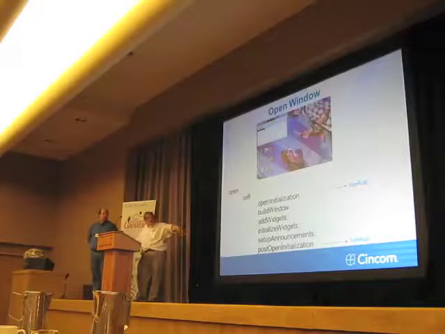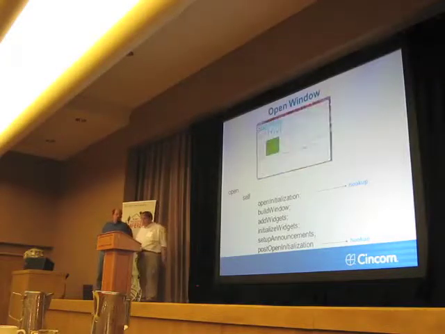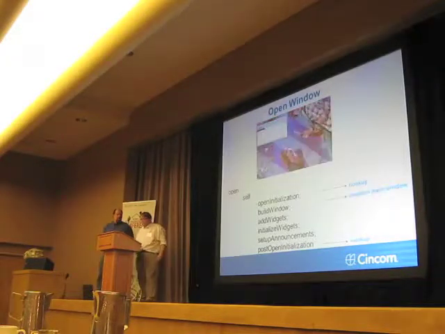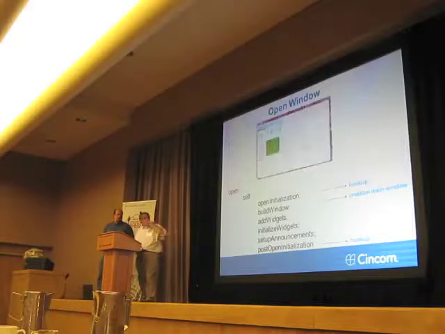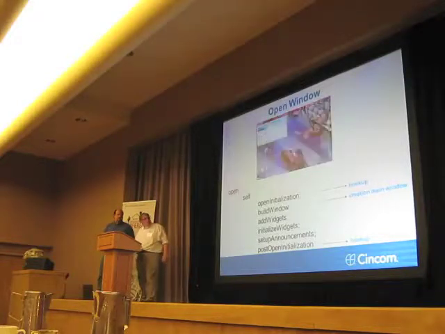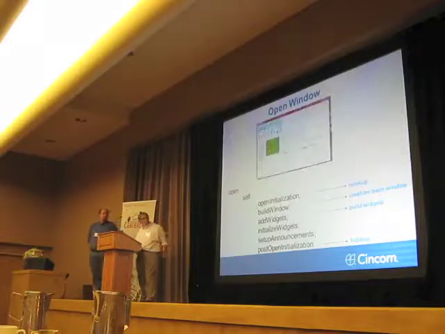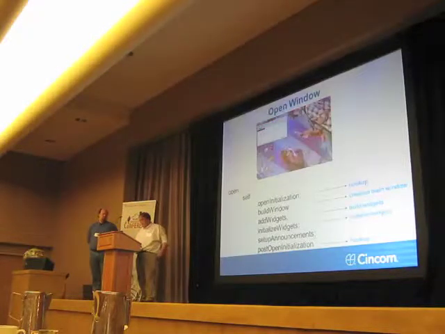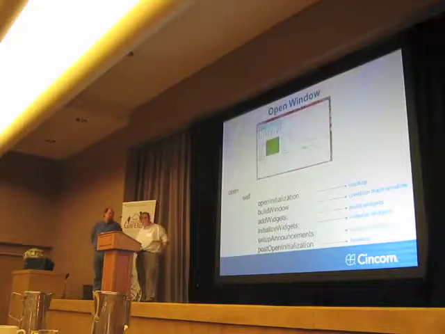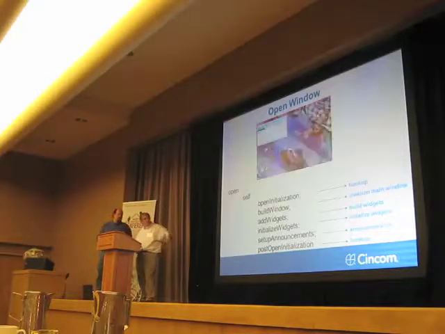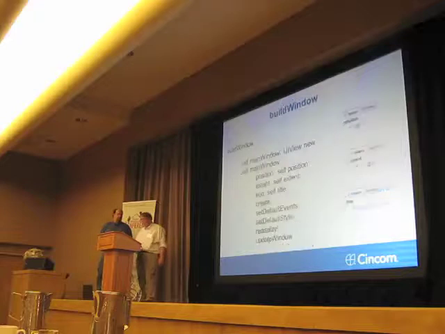Post open initialization is if you want to do something afterwards. The build widget window creates the main window. With add widgets, we build the widgets on top of the main window. We can initialize the widgets and then we set up announcements. So that's the way it's being built.